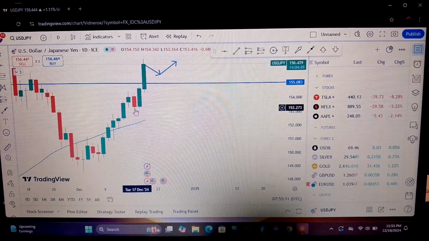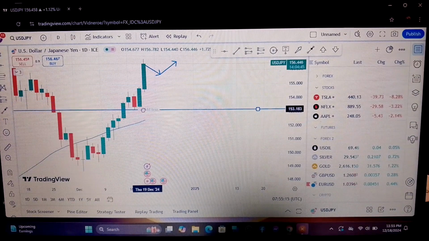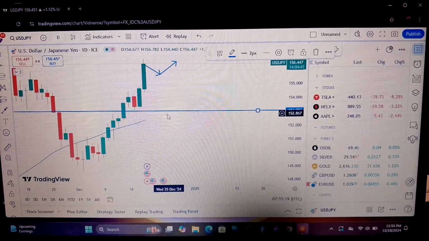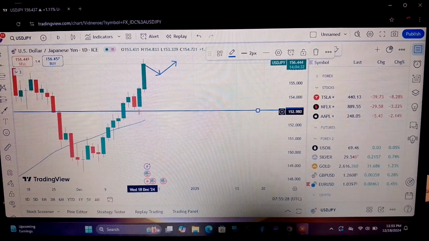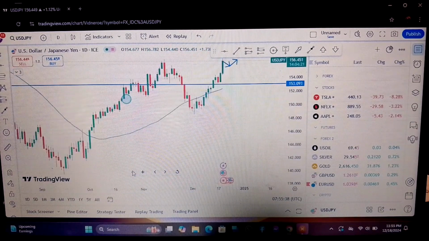My stop loss is already below this area, so this is where my stop loss is right now. I'm very sure that this price is not going to come back to this particular point. If it does, it means I've lost money in 3 of my accounts. So what I'm praying is that this bullish engulfing candle will stand, and the price will continue going higher. Okay, so that is that for that.